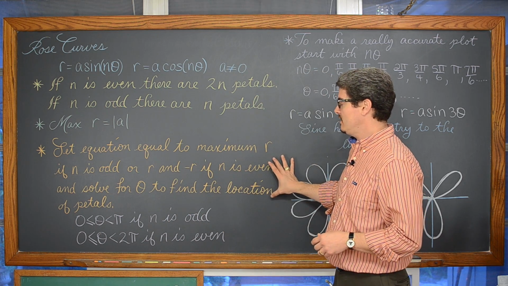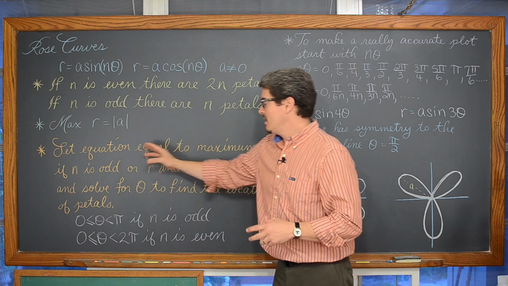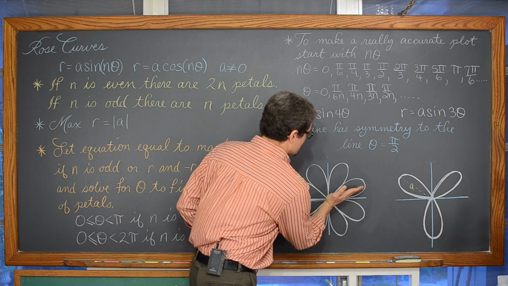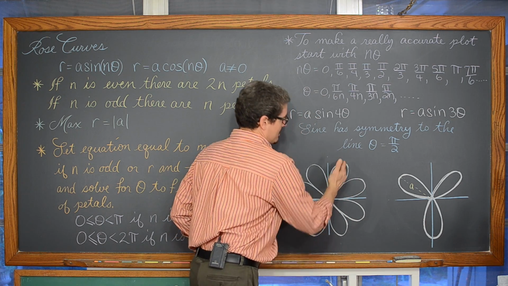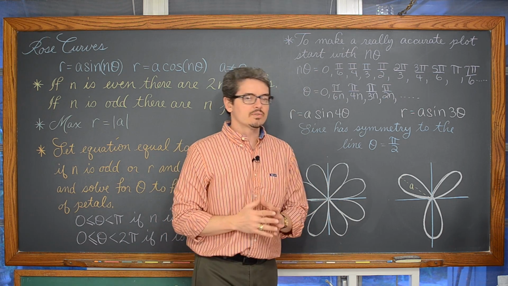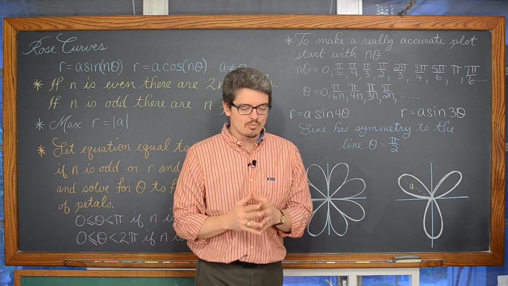So hopefully, we can set up our formulas or equations here and find the angles at which we can go out to that maximum r value and place the endpoints of these petals to get a rough sketch of what the rose curve is going to look like. And then if you want to add a few more points, you can.